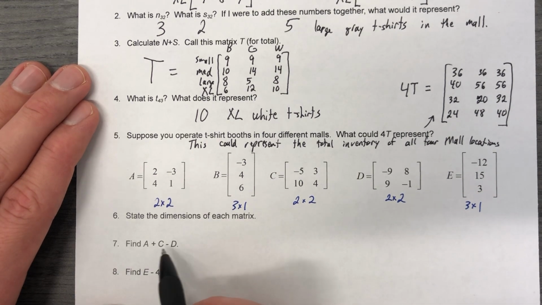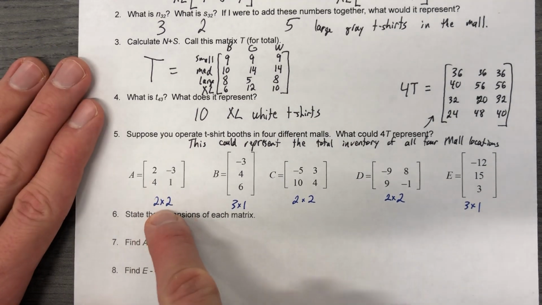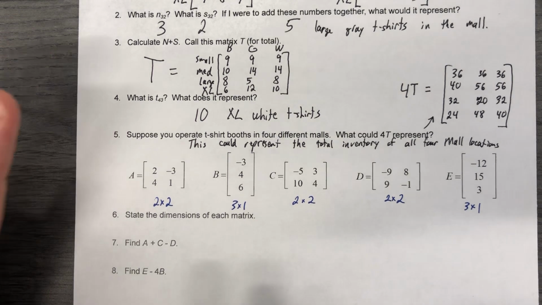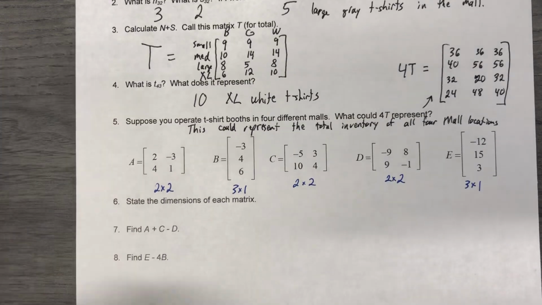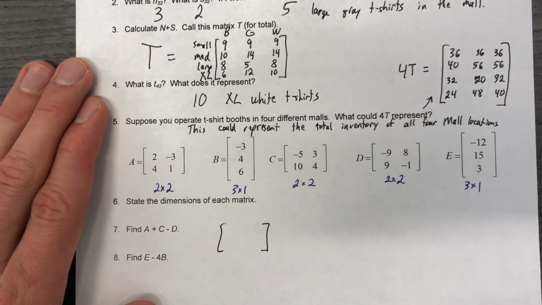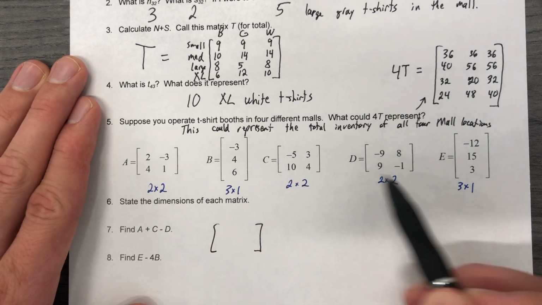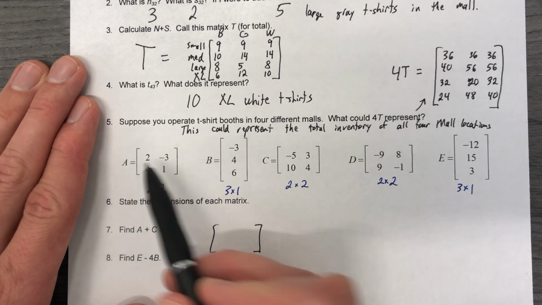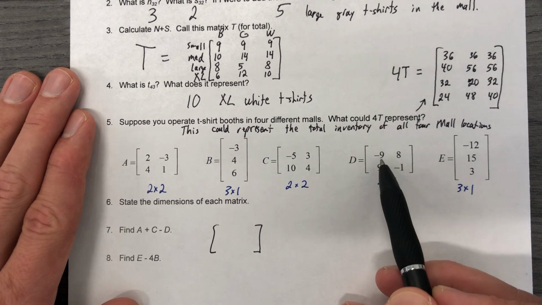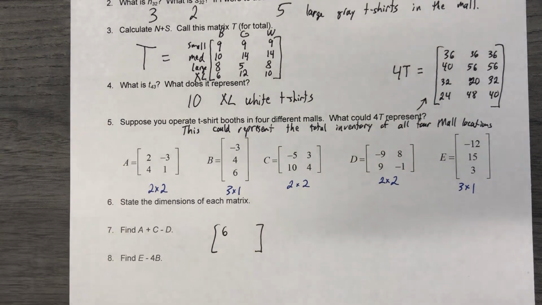Now we're going to find A plus C minus D. Don't make it harder than it is. We have a 2 by 2, plus another 2 by 2, minus a 2 by 2. Whenever I'm done with this thing, I better have a 2 by 2. Like, I'm going to get 2 rows, 2 columns, and I'm not even going to show my work. So it's going to be A plus C minus D. So 2 plus negative 5, so negative 3, minus negative 9, so plus 9, so negative 3 plus 9, 6.